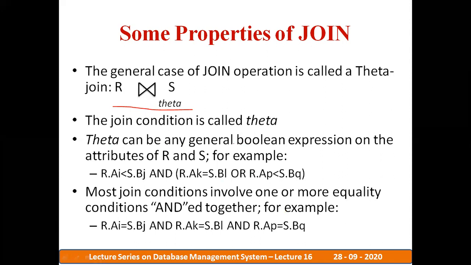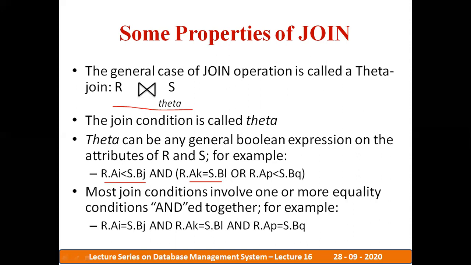Theta can be any relational Boolean expression on the attributes of R and S. For example, R.Ai < S.Bj and R.Ak = S.Bi, or R.Ap < S.Bq. You can use any Boolean expression.